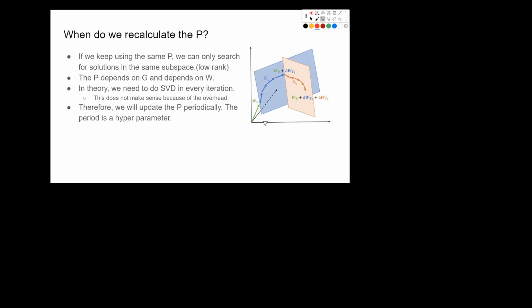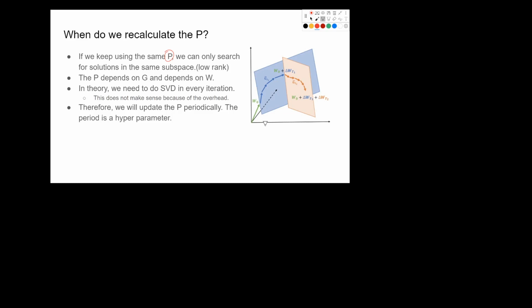So let's think about how we want to change the P here. The reason we want to change P is that we are working in the lower rank space, which means we are working on a certain subspace of the whole matrix space, the weight space.